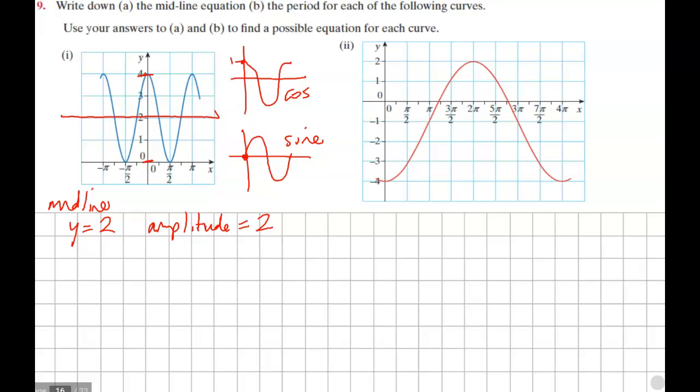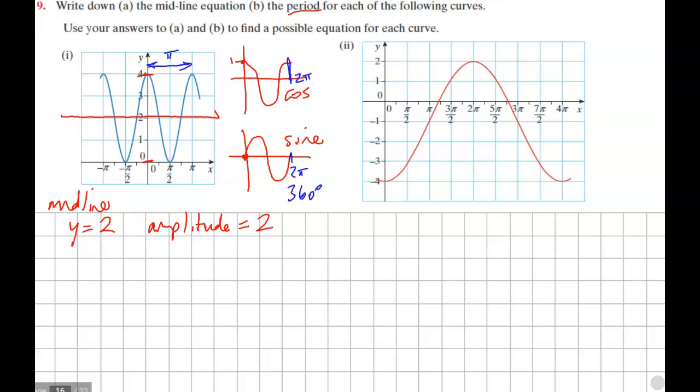So the next thing is the period. So what we want to appreciate is the width of it. Let's use a different color. So if we look at the width of that, what is the width? The width of it is pi. Now you need to appreciate that the normal width of these standard curves is actually 2 pi, i.e. 360 degrees.